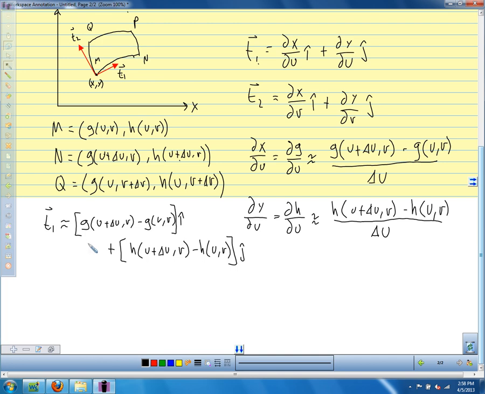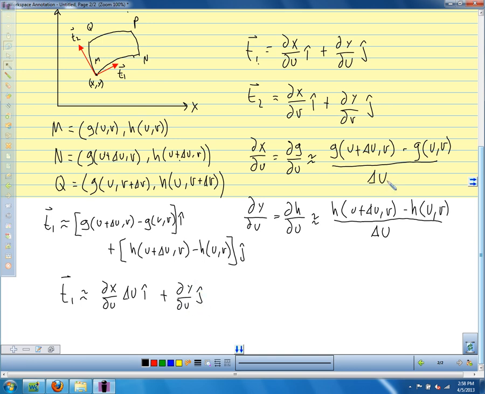Well, if we look back at our partial derivatives, t1 is approximately dx du delta u times i hat plus dy du delta u j hat.